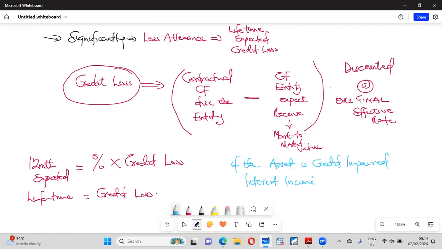If it is credit impaired, then your interest income will be calculated on the net.